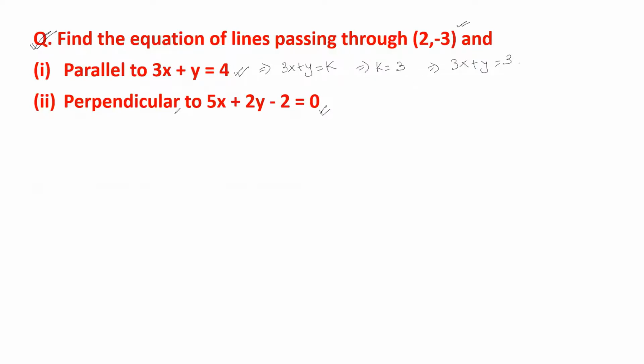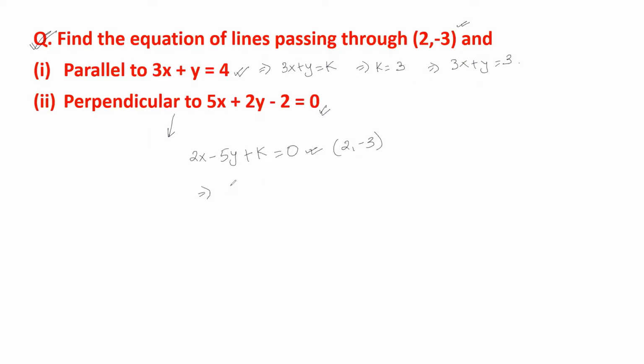In a similar way, the line which is perpendicular to 5x plus 2y minus 2 equal to 0 would be of the form 2x minus 5y plus some constant equal to 0. Now again, this line is passing through the point (2, minus 3), so this point will satisfy the line.